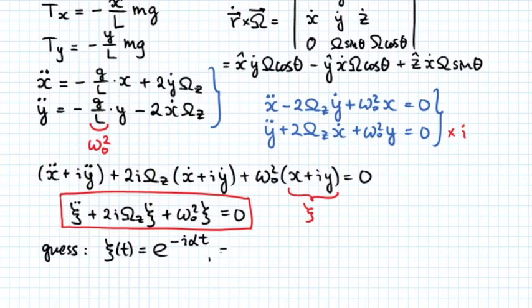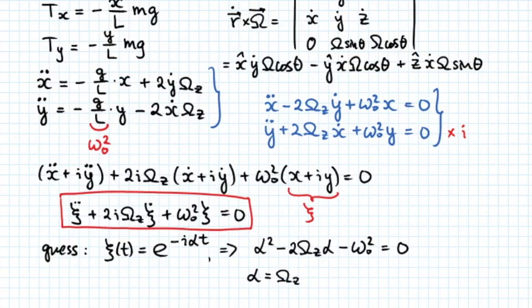And by plugging it into our equation of motion, we find that alpha squared minus 2 omega z alpha minus omega naught squared is equal to 0, which we find to be alpha is given by omega z plus or minus the square root of omega z squared plus omega naught squared.